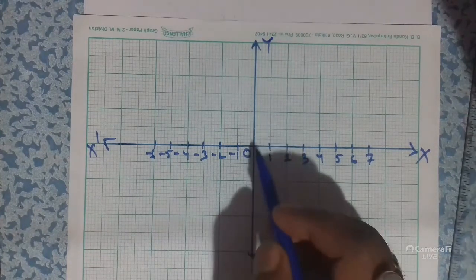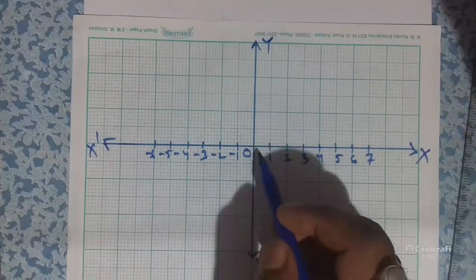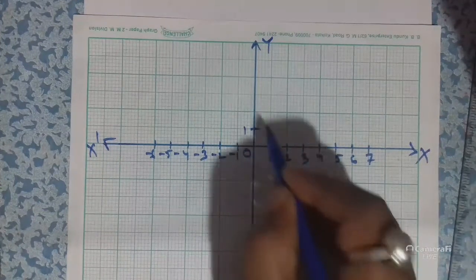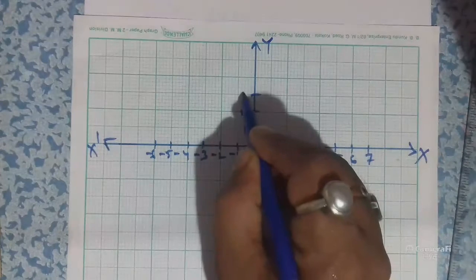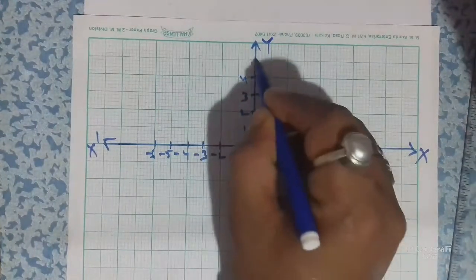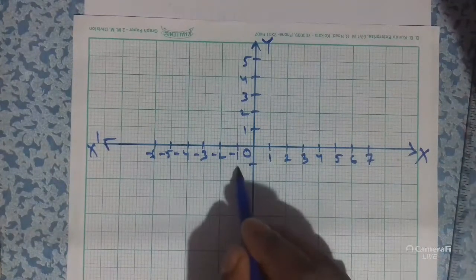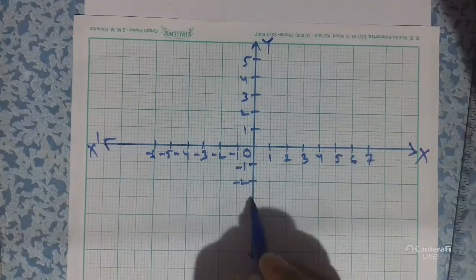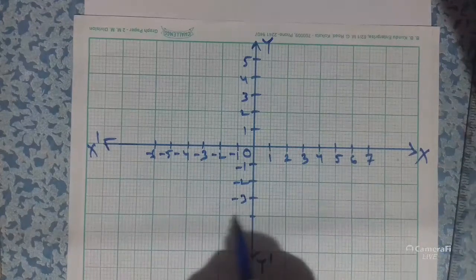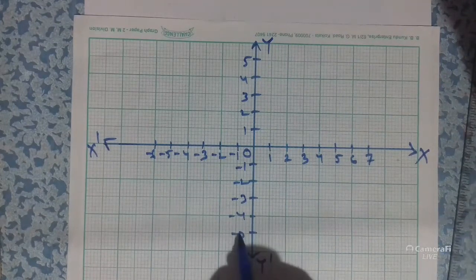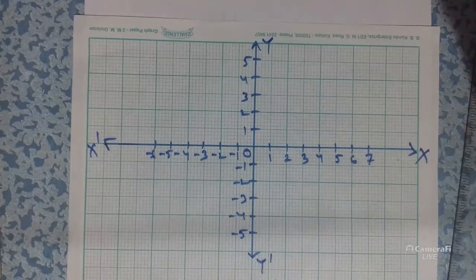And on OY it will be positive values 1, 2, 3, 4, 5. And on OY' it is minus 1, minus 2, minus 3, minus 4, minus 5. Okay, I hope it is clear.